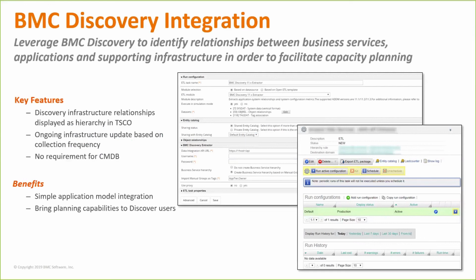So really the focus here was a direct integration with discovery and capacity optimization so that we can bring in the application context and really take advantage of the relationships between the infrastructure and the business service and application from the perspective of discovery. So as discovery runs and finds updates, we have the ETL that will pick up those updates and automatically update your service context and capacity.